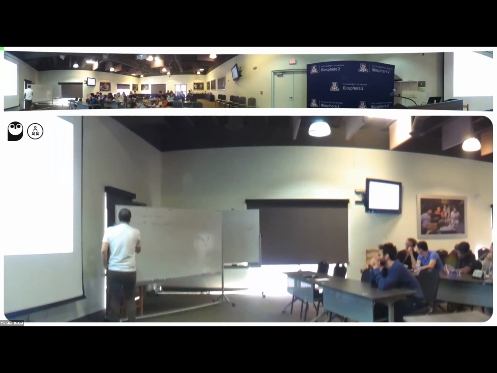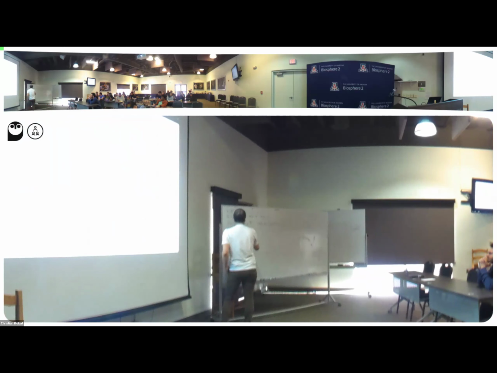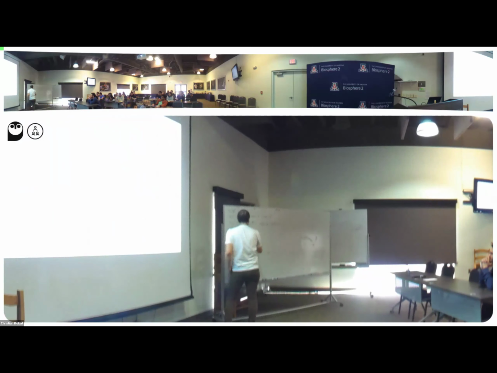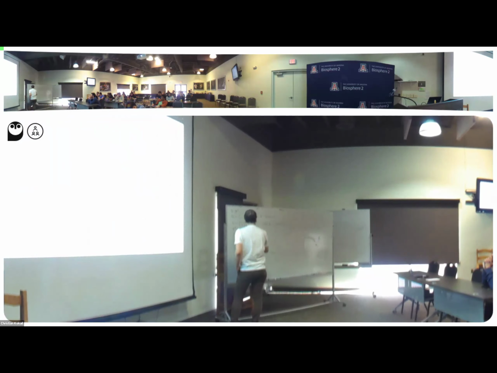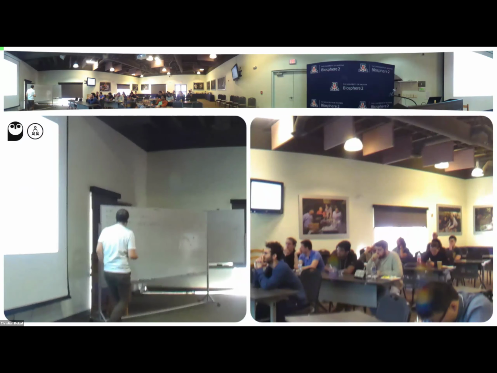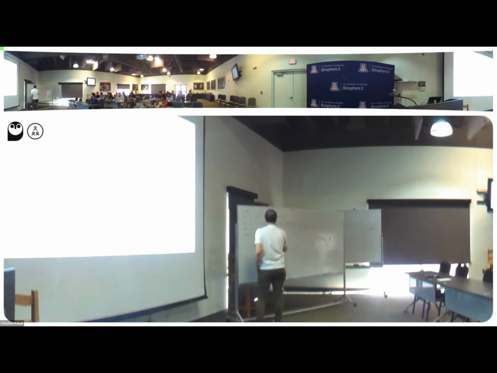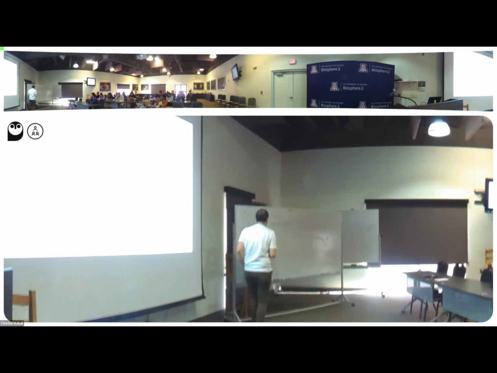Another gate that we need is the CNOT gate. The CNOT gate looks like this. The CNOT gate is a 2-qubit gate. It's a controlled X gate, depending on which state the first qubit is in, it applies an X operation on the second qubit.